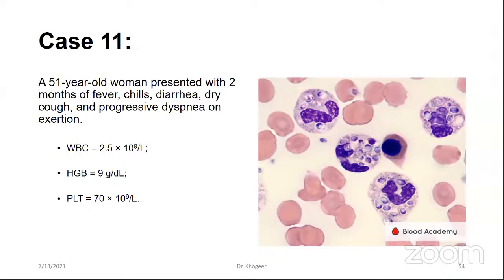Usually the thick film is used to identify if there is malaria or not, and the thin film is usually used to identify the species. So this is the main issue. First you go through the thick film just to identify if there is malaria. Then, if the thick film is positive for malaria, you go to the thin film to identify what kind of species you have.